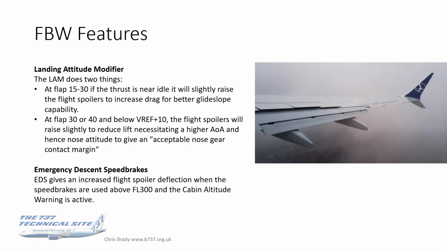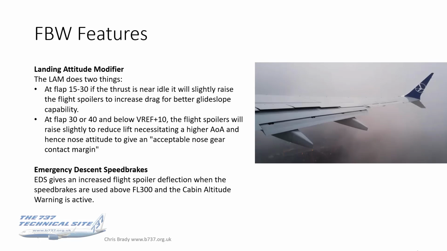So you don't really need this on most approaches, but if you're doing a tailwind approach, or you're on a slope of greater than 3 degrees, 3.2, certainly up to 3.5, basically the steep glide slopes it will be able to handle much better thanks to this.